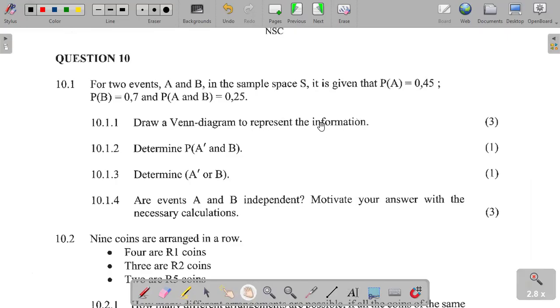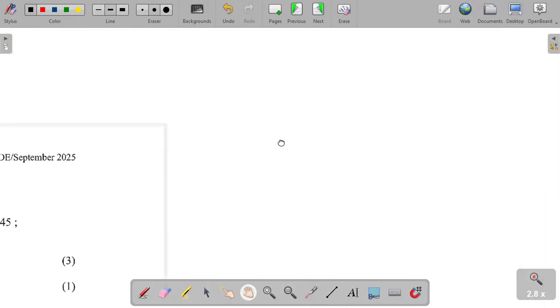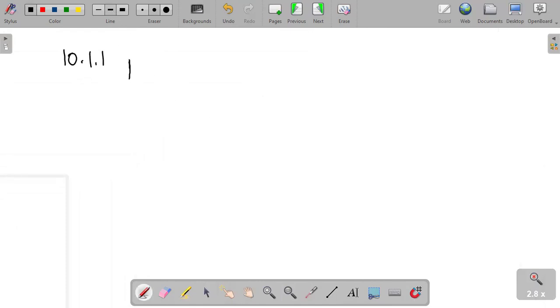Okay, sample space. So probability of A and B is 0.25. The first thing that we're gonna do here is draw the two circles, and then there is an overlap.